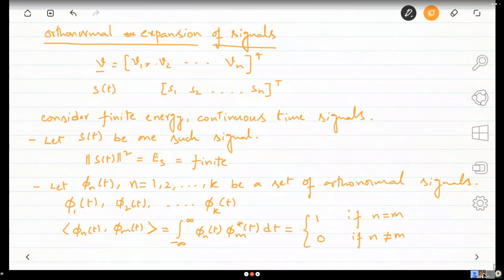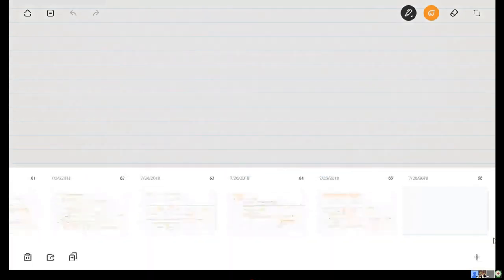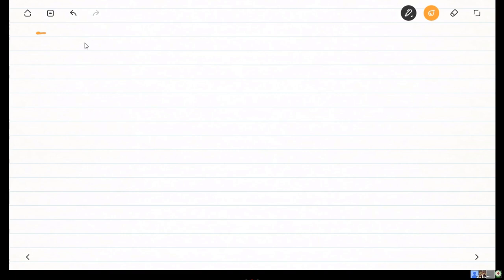So these are a set of orthonormal signals. Now we will try to express this signal S of t. So now we have S of t and a set of orthonormal signals.